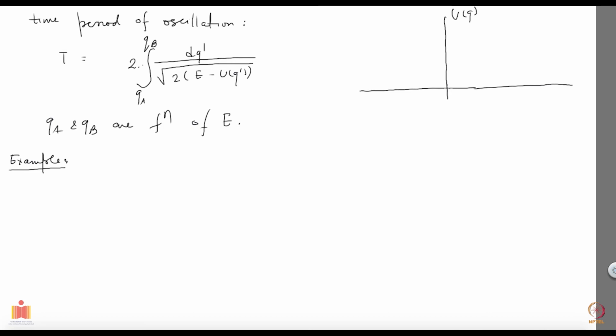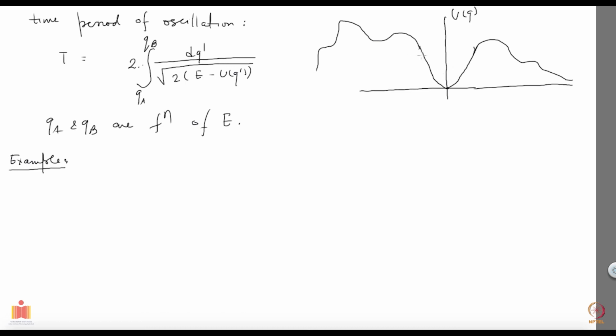So here I take the potential to be symmetric, at least in this region, not necessarily parabolic. It is some function, but it is symmetric. And beyond that, it's not. So let's say it's like this, and this one goes whatever it does.